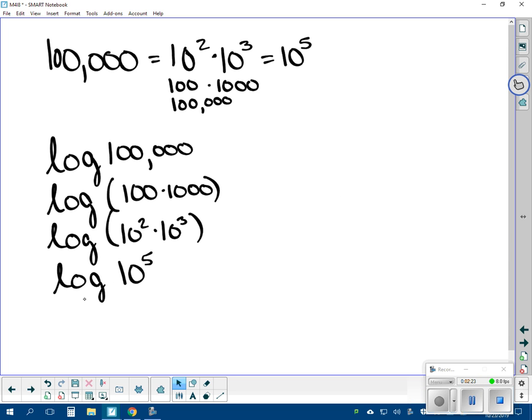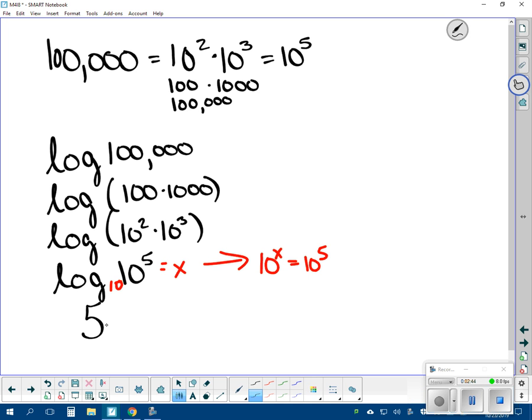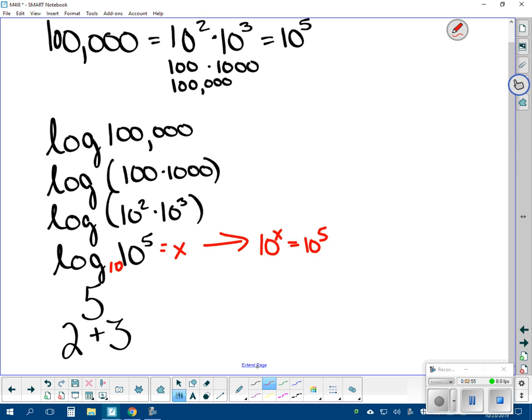Remember, I'm asking you to solve for what this might be. If you think about changing forms, 10 to the x equals 10 to the fifth. So I hope you would agree that this is equal to 5. And isn't 5 equal to 2 plus 3? You with me on all this?